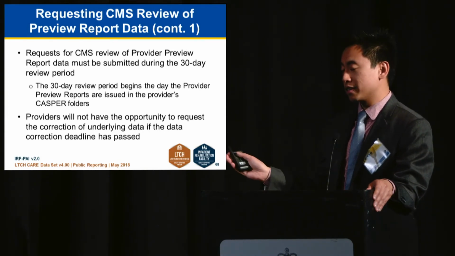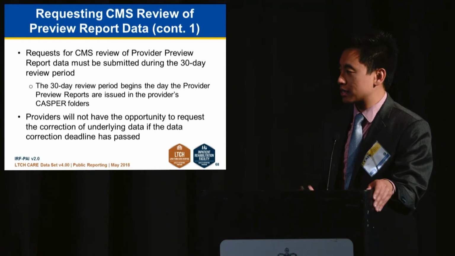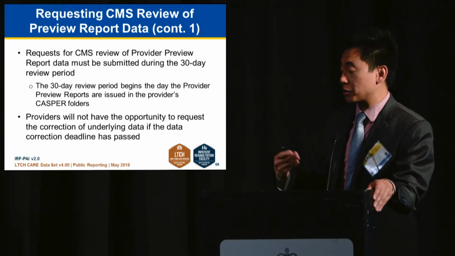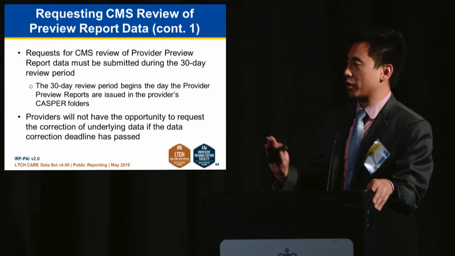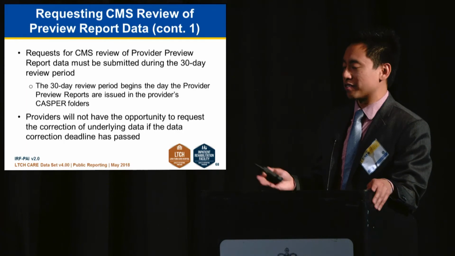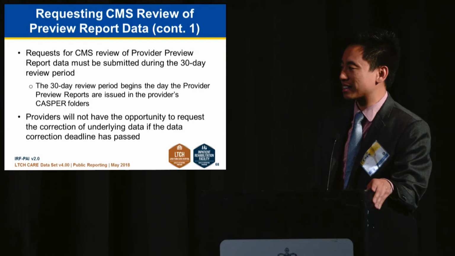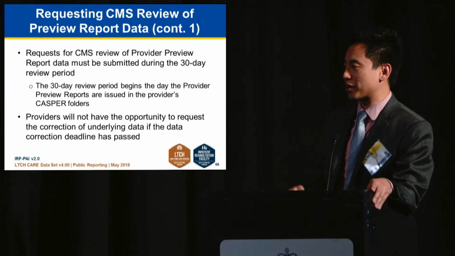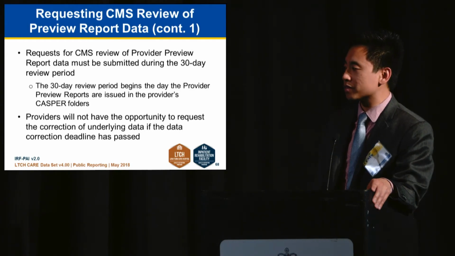After the data correction period, the data is frozen. So the only way to not report on Compare is suppression of data, but that has to be pretty much a major calculation error. So anything that you want to correct, that time is up by the time you receive the provider preview reports.